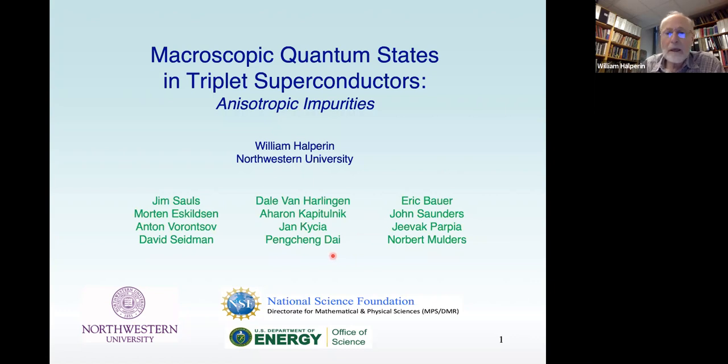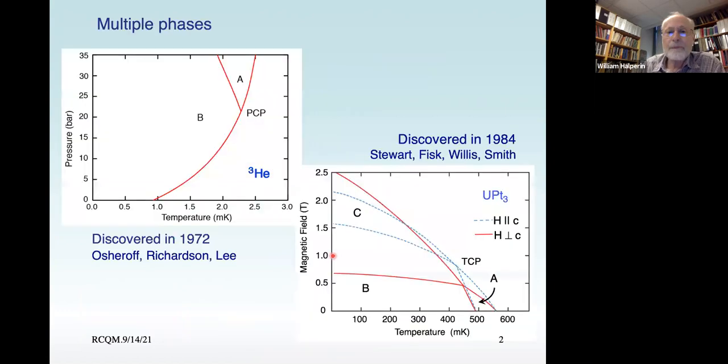So with no further ado, as you know, there is an interesting comparison between helium-3 and uranium platinum-3. I say in a joking manner that it's unusual that we have a comparison between the lightest and the heaviest of various compounds, elements in one case, which is summarized here, with multiple phases.